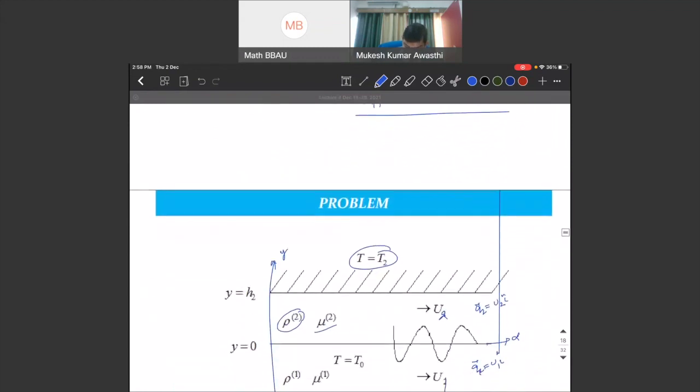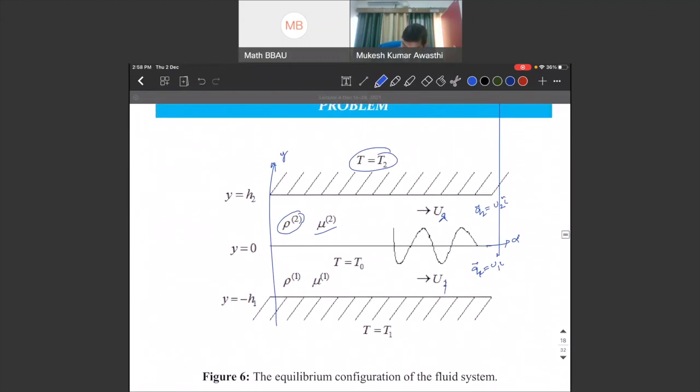And if we perturb the interface, in this case q2 dash is equal to u2 I cap plus gradient phi 2, and q1 dash is equal to u1 I cap plus gradient phi 1.